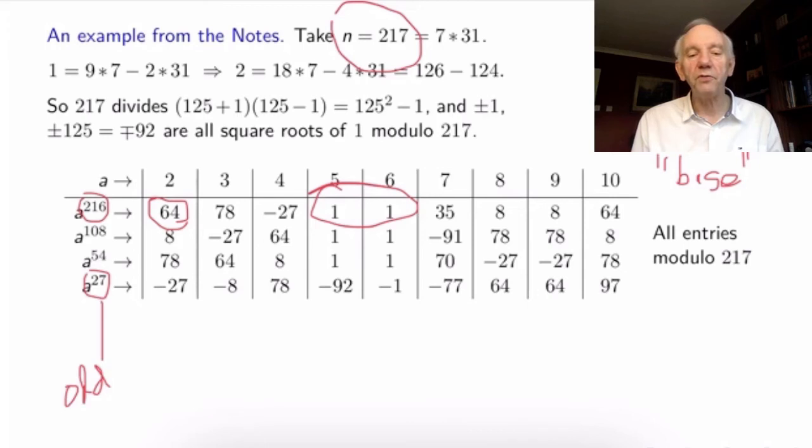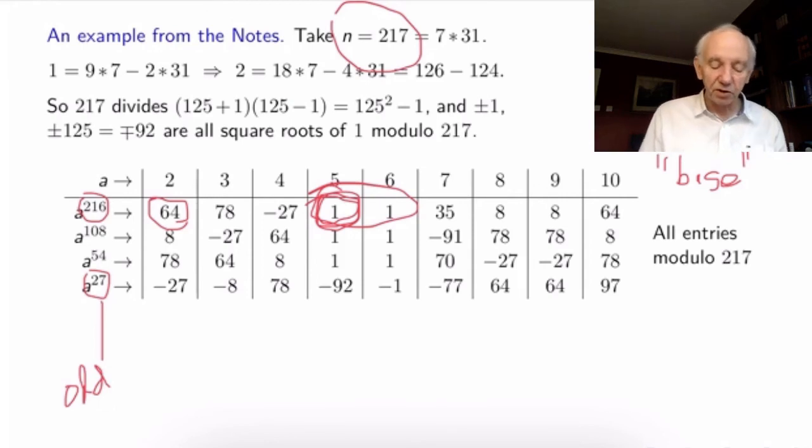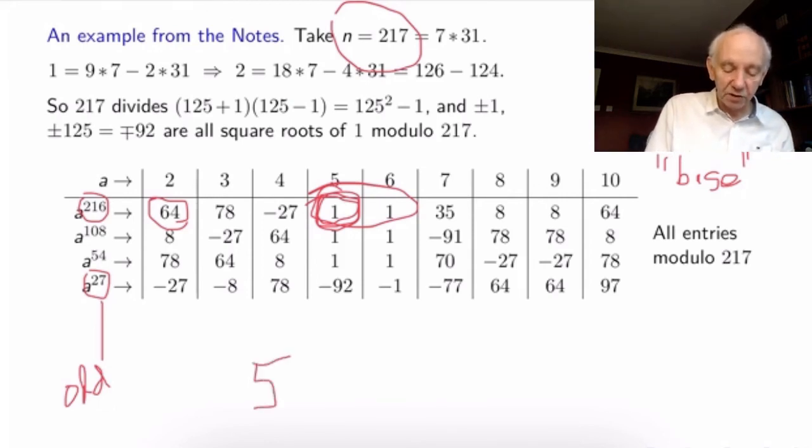So let's look at base 5. What happens with base 5 is that, as far as Fermat is concerned, this number 217 looks as if it's prime, because this table is telling me that 5 to the power 216 is indeed congruent to 1 mod 217.